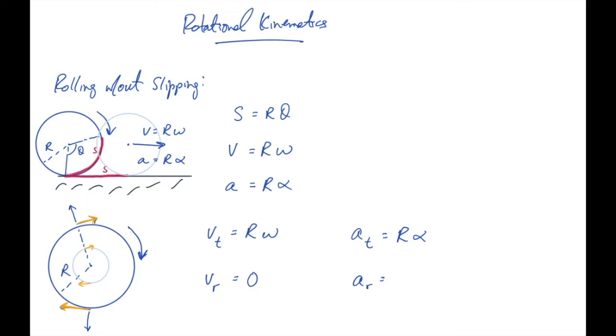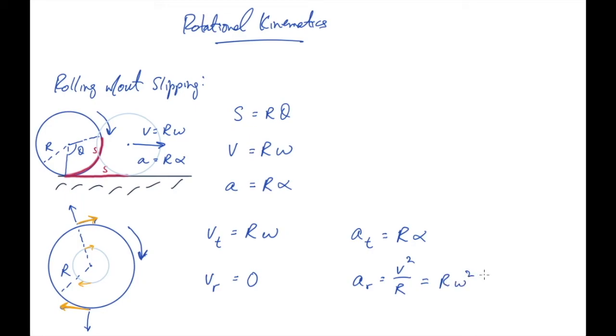The radial acceleration we've already talked about. We know that is v squared over r. For something moving in circular motion, the speed v is just the magnitude of the tangential component, so we can substitute r omega into here, and if we want, we can write this as r squared omega squared over r, which is r omega squared.